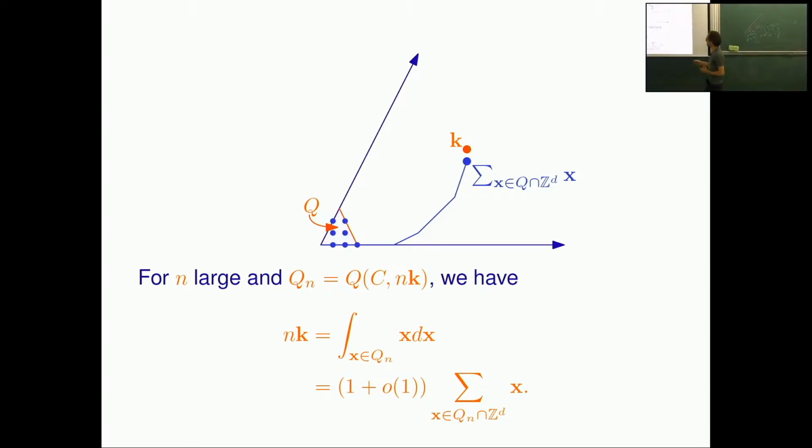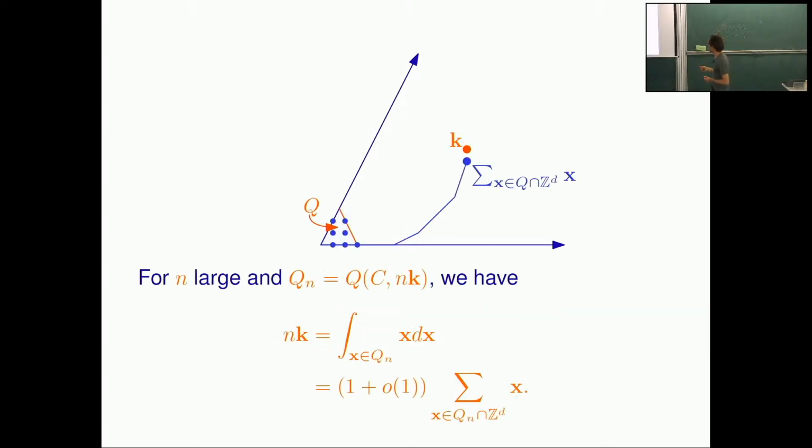So if we take n to be very large, then we can approximate this integral by summing over the lattice points. It's pretty easy to see that the error in this approximation depends on the boundary of our set Q and on n, and as we take n larger, this error will get smaller.